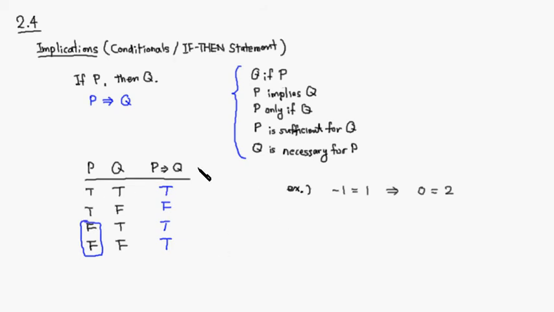So here's a good example. Look at this statement. If -1 is equal to 1, which is obviously a false statement, and look at the conclusion. This if part is also called the hypothesis, and the then part is also called the conclusion.